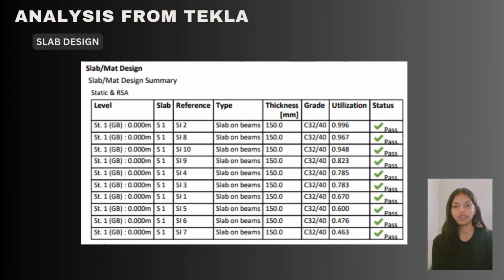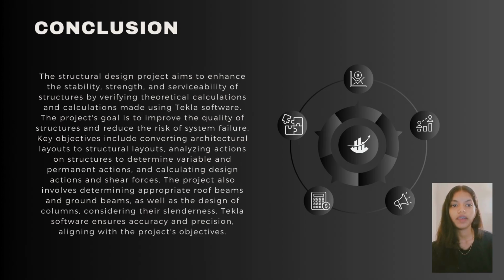This project aims to enhance the stability, strength, and serviceability of structures by verifying theoretical calculations and calculations made using Tekla software. The project's goal is to improve the quality of structures and reduce the risk of system failure.